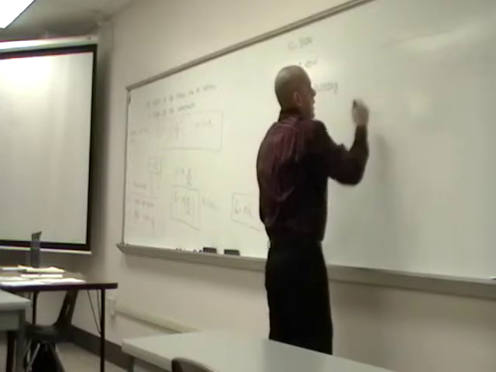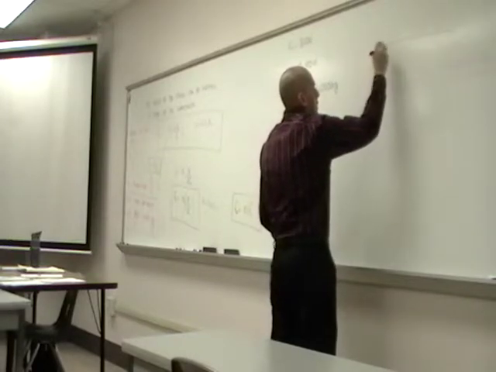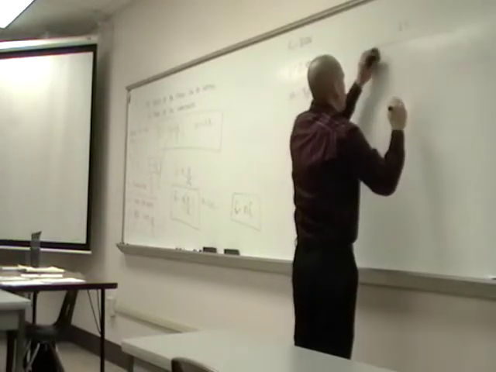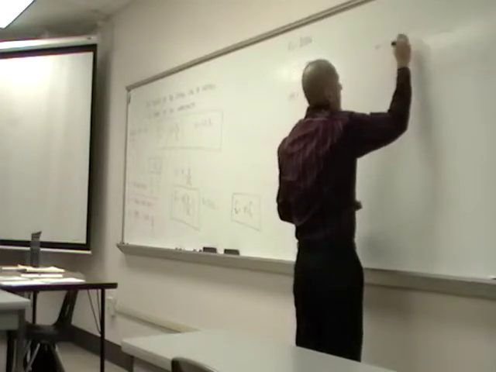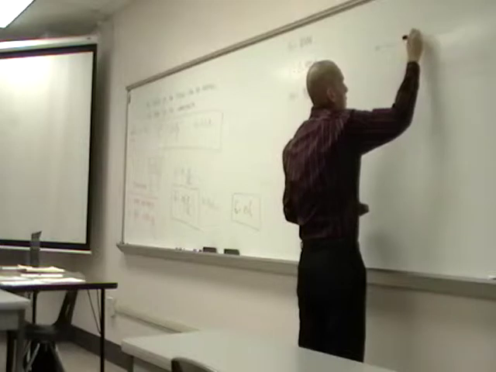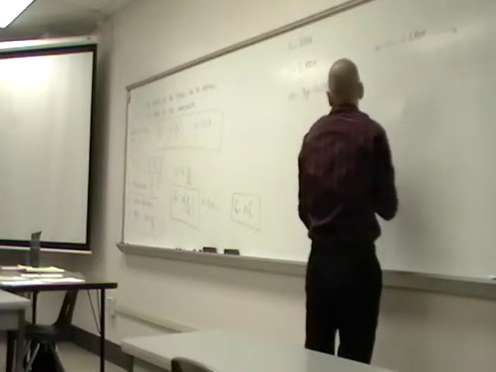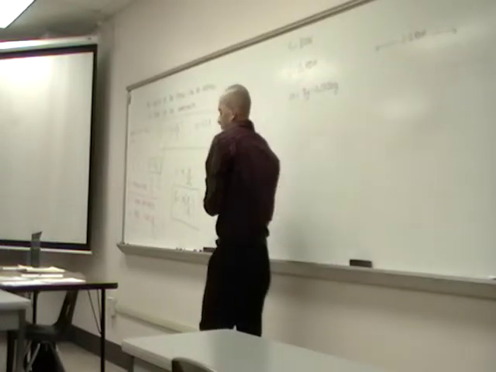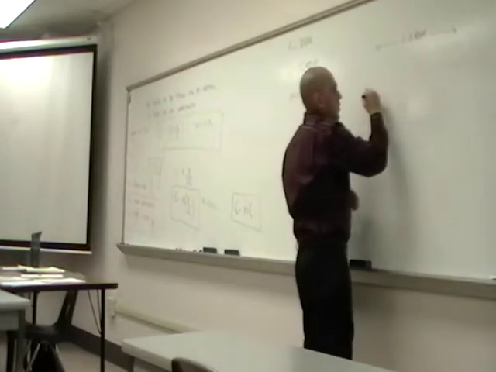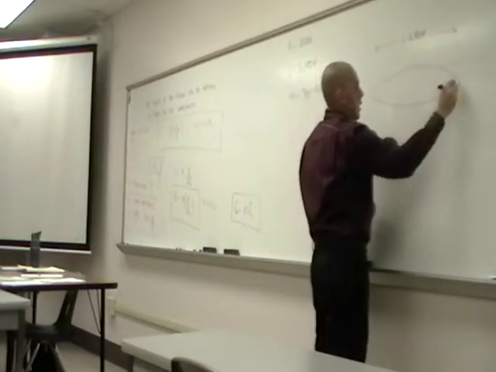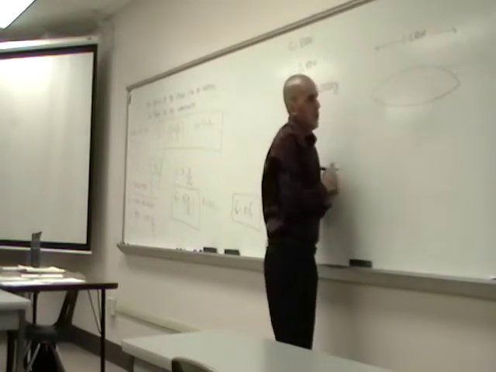You have a string here that has some length. Just put the length in here, which was 0.4 meters. We want the frequency of the fundamental mode. If you want to, show yourself this picture again for what the fundamental mode would look like.